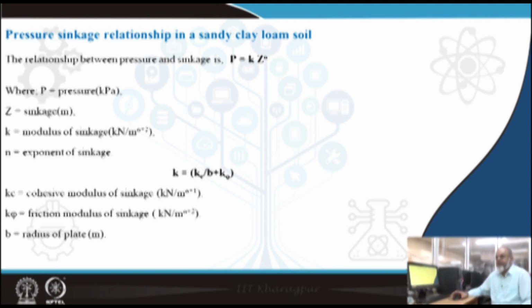So these data are recorded in the computer, and now I'll show those data and how they will be utilized to find out the modulus of sinkage and exponent of sinkage.